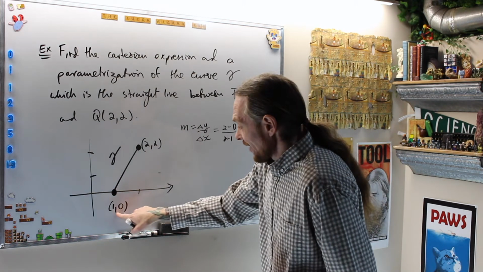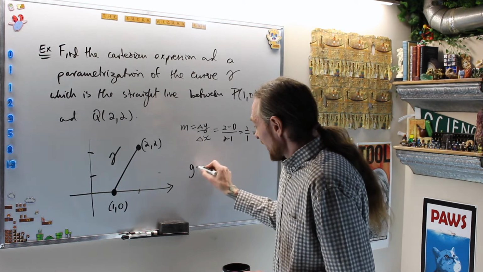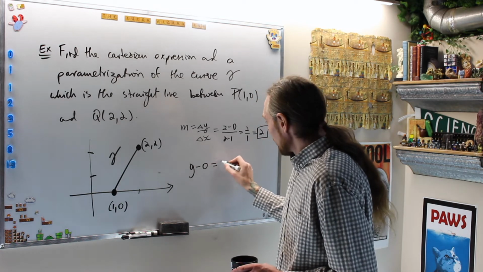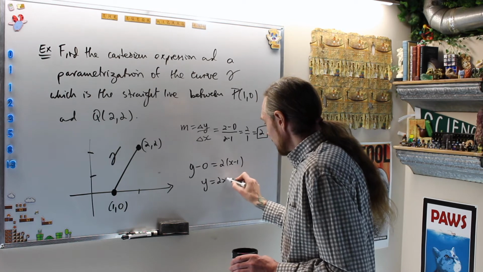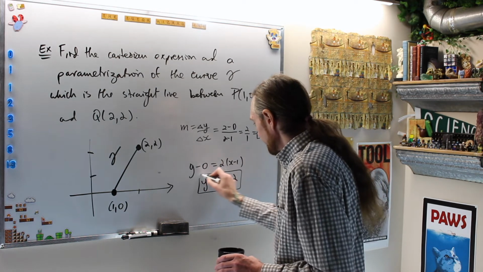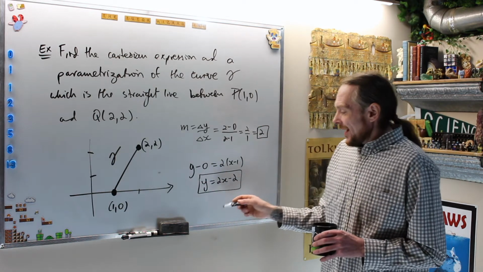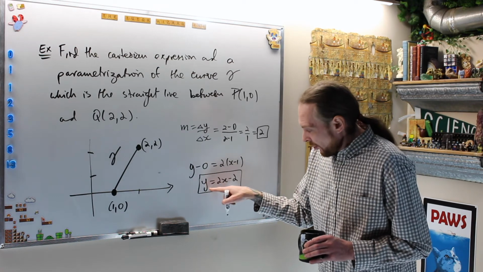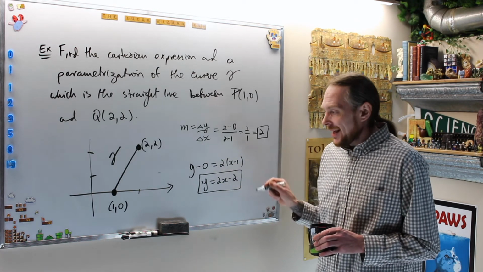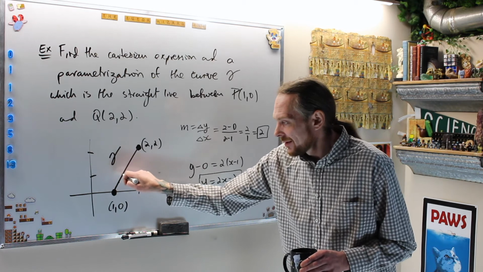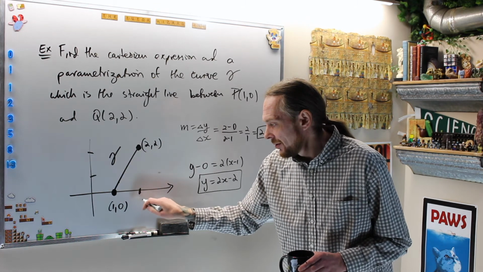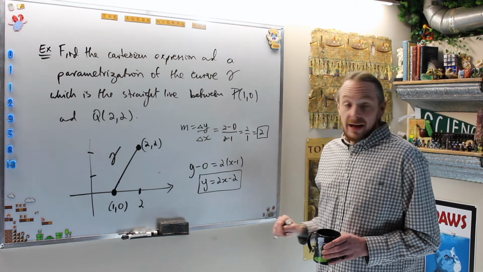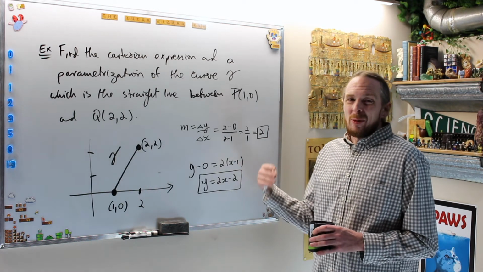That tells me once I have a point and a slope, y minus y1 equals 2(x minus 1), or y equals 2x minus 2. This is the classic way of x is independent and y is dependent on x, and I can describe every point on this curve now by putting x in from 1 to 2 and computing values. And that's exactly how I'm going to parameterize now.